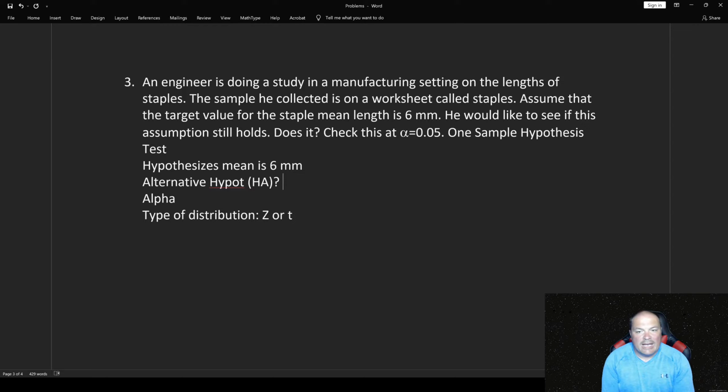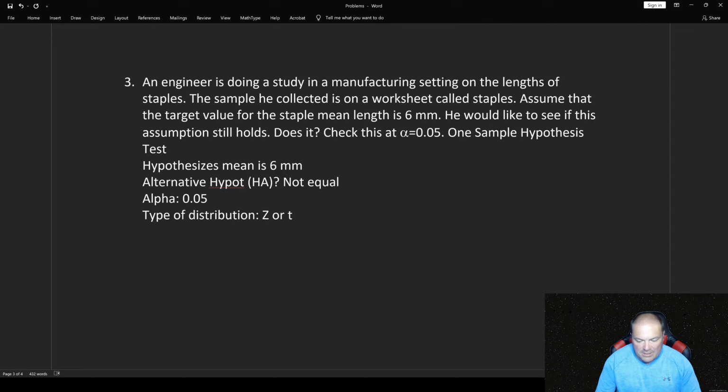And we only conclude guilty or not guilty. Even if we conclude not guilty, we don't know for sure they're innocent. So all we can conclude is, is there enough evidence to say that they're guilty? It's the same idea with hypothesis testing. So we know our alternative is going to be not equal. We know that alpha is 0.05.